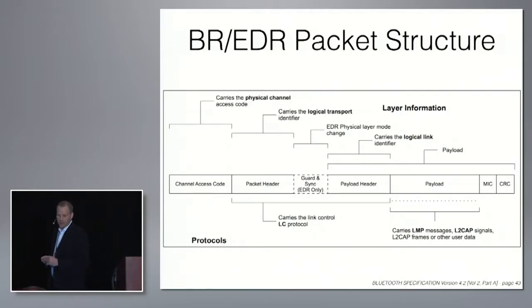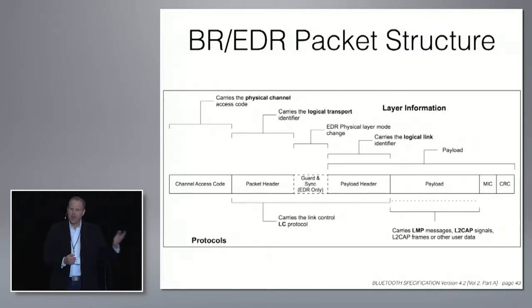A little bit deeper, you've got the channel access code, and we're going to talk about this in a second. Channels in Bluetooth are different from what we're used to in Wi-Fi. I almost have to think of them as services. Depending on what you're doing depends on how the packet's structured.